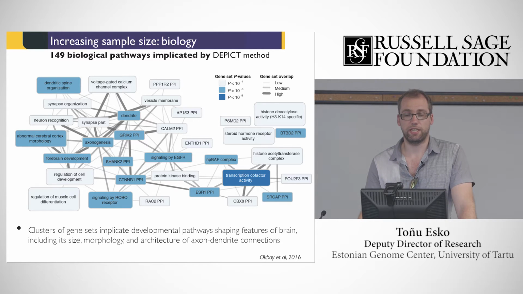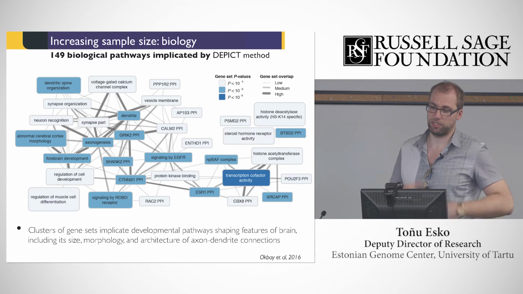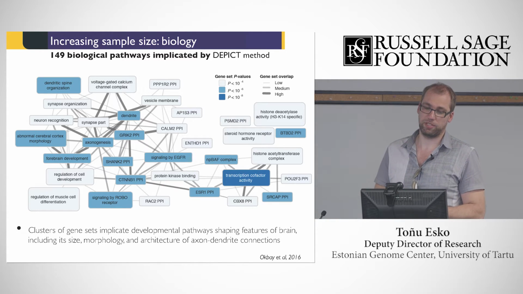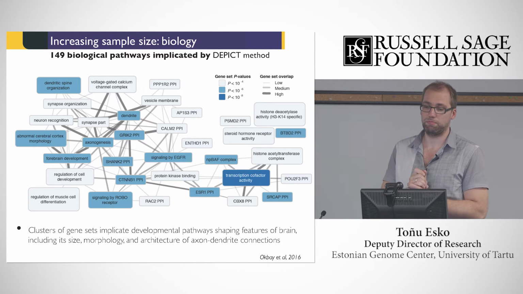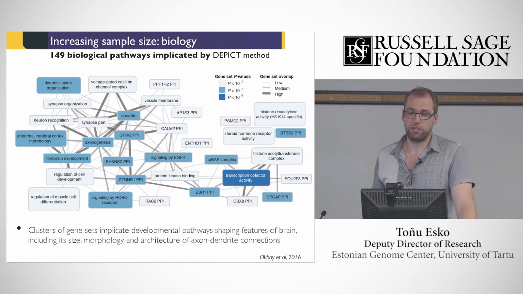I ended here again with looking for the pathways the same way. We use the SNPs as beacons and identify the genes, and then look at which pathways they fall mostly in, and then we can identify the pathways that are abundant.